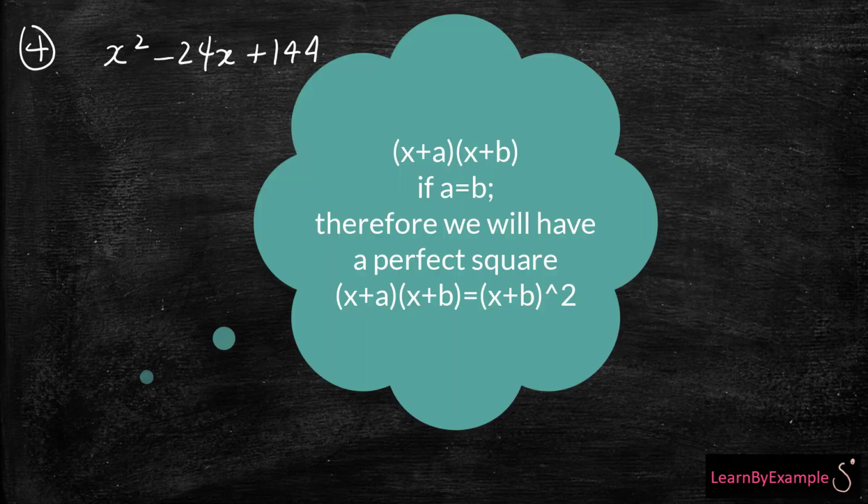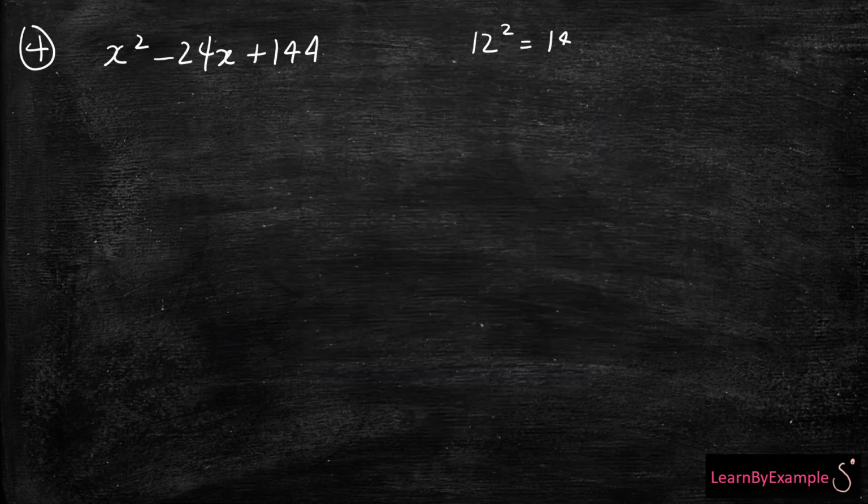So let's look at the fourth example, a perfect square example: x squared minus 24x plus 144. I know it's a perfect square right away by looking at it. A perfect square means that a and b are both the same. If you think of 12 right away, you know 12 squared is 144, and 12 plus 12 is equal to 24.